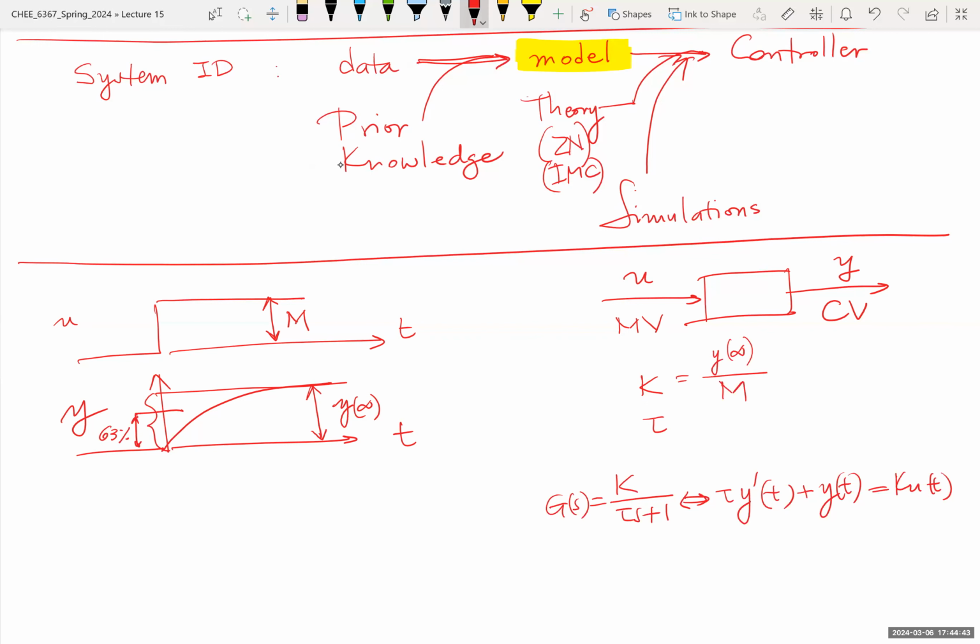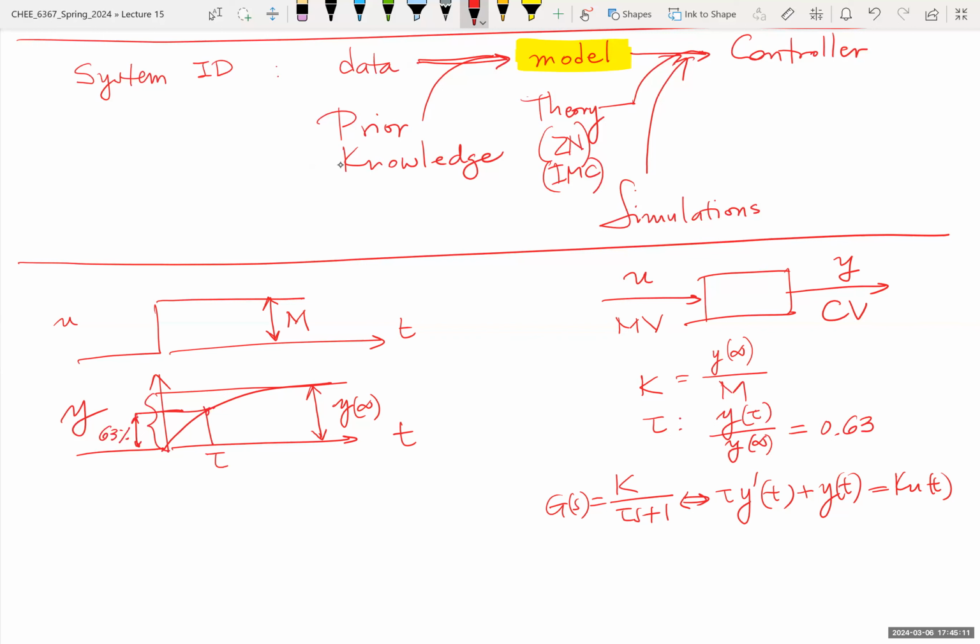And this is the corresponding time constant for the system. So the time constant is at the point where y at the time constant over y at infinity is 63%. Simple rule of thumb. This is used not just for control purposes, but in all kinds of dynamic systems where the response is first order.